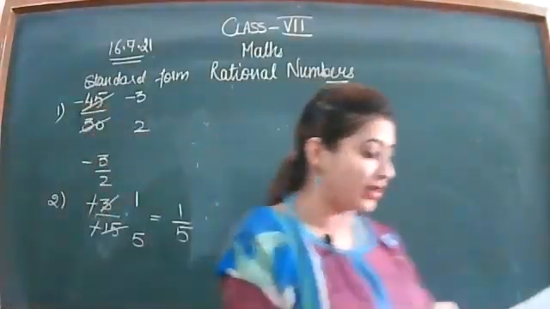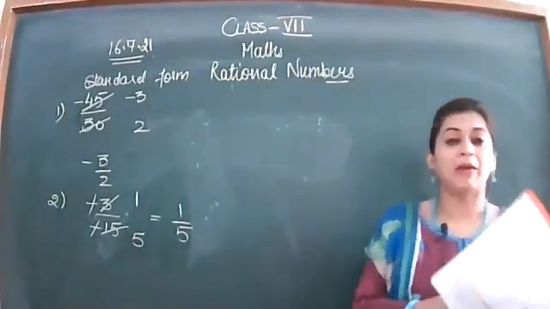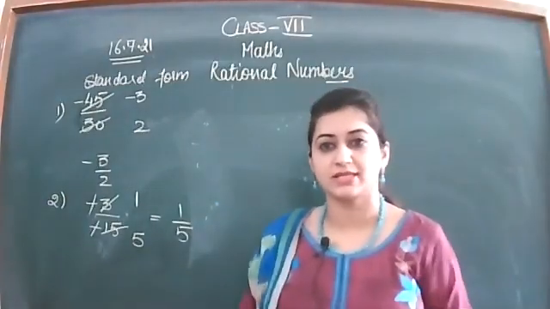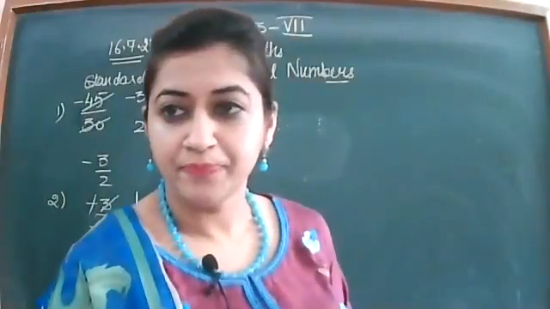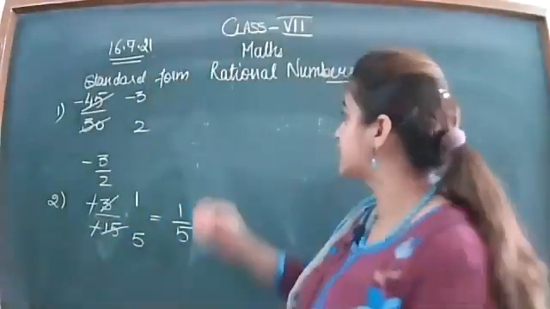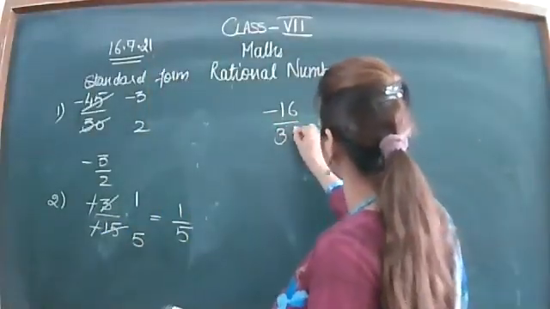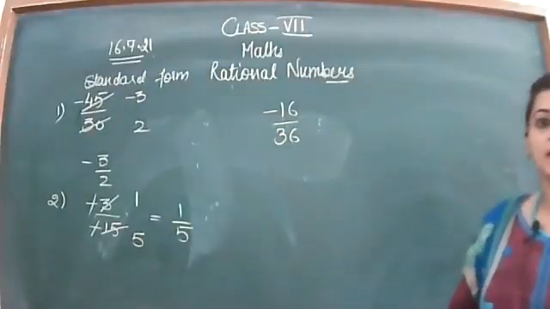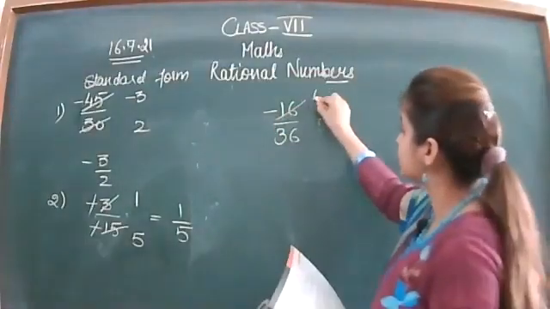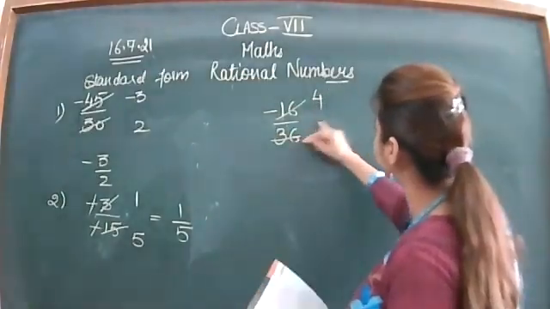Now write one more question related to this, that is minus 16 by 36. 4 4s are 16. 4 9s are 36.